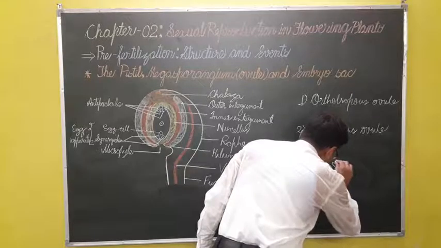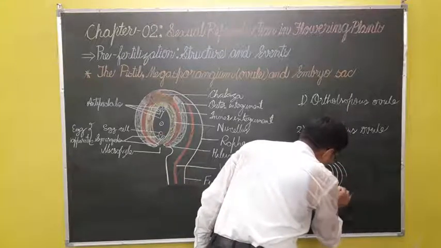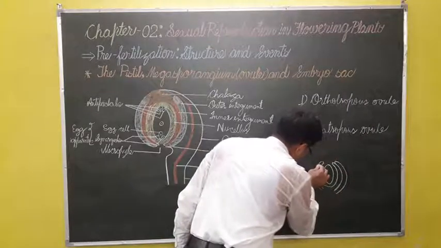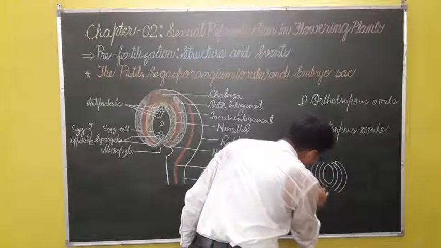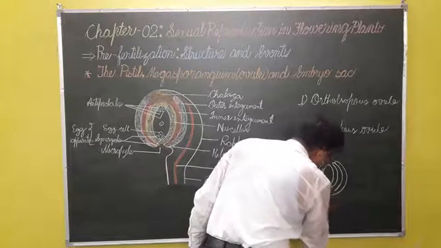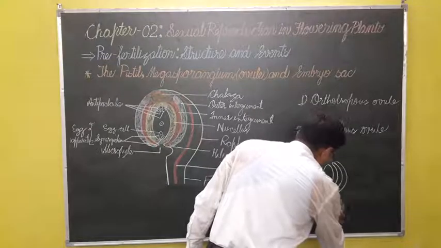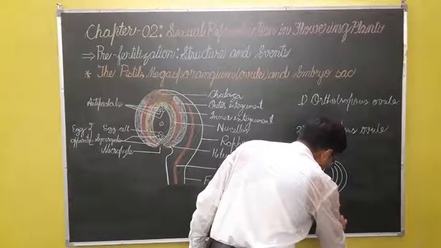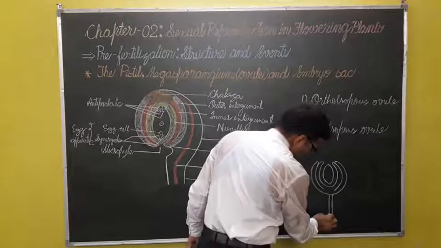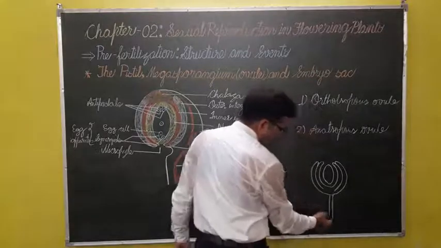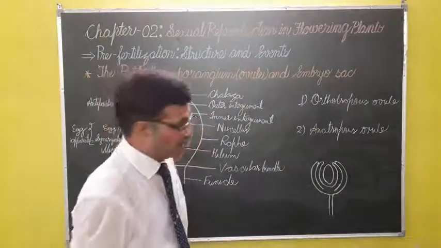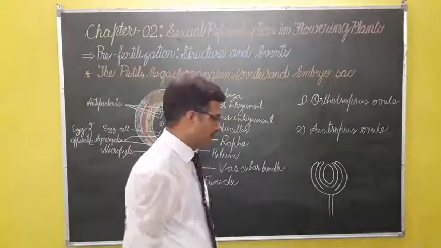This is the outer integument. And here is the funicle. The distal part of this funicle is attached to the wall of the ovary, and that point is called placenta.